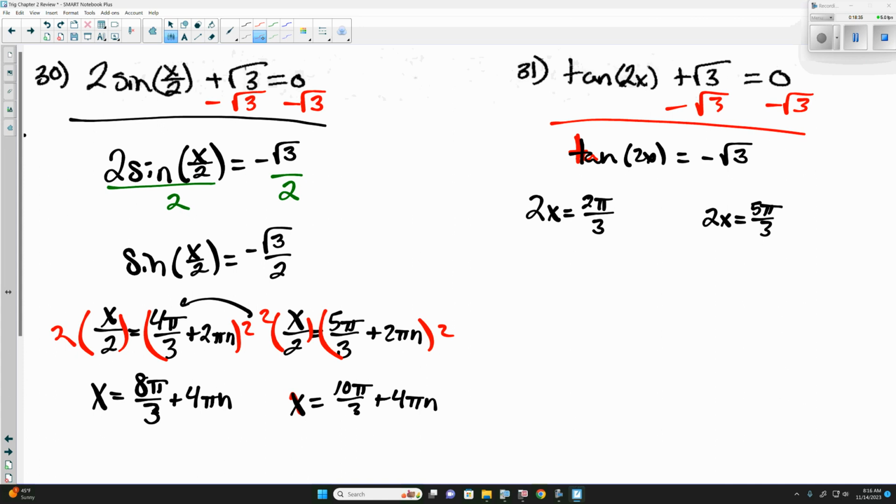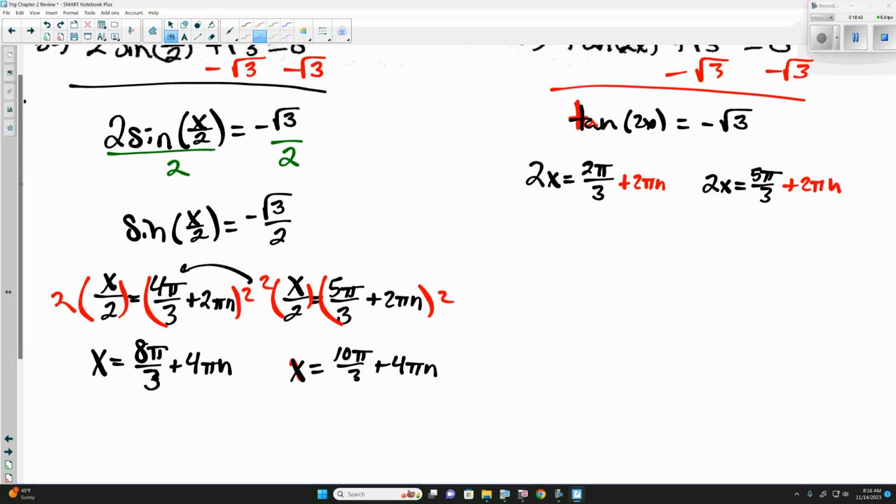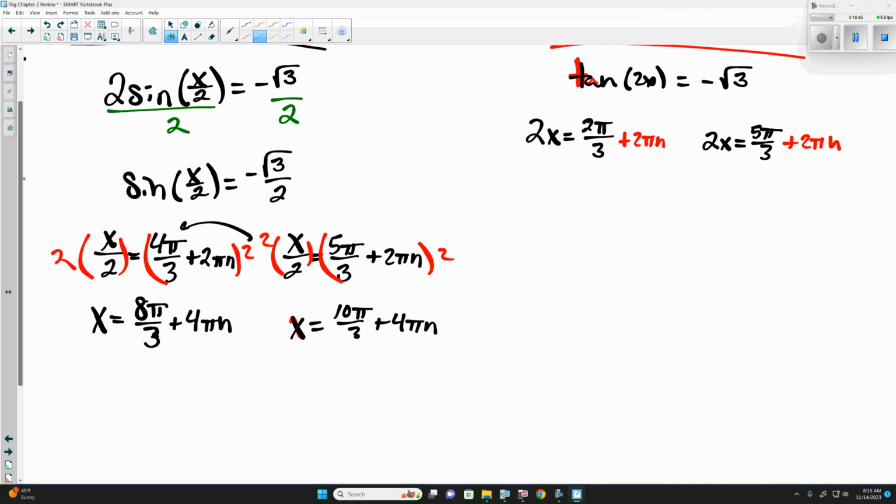Now this one here, I'm gonna add the 2 pi in again, because luckily, starting out, these 2 pi over 3 is inside the circle, and it's fine. It works out great. So we're gonna divide everything by 2.